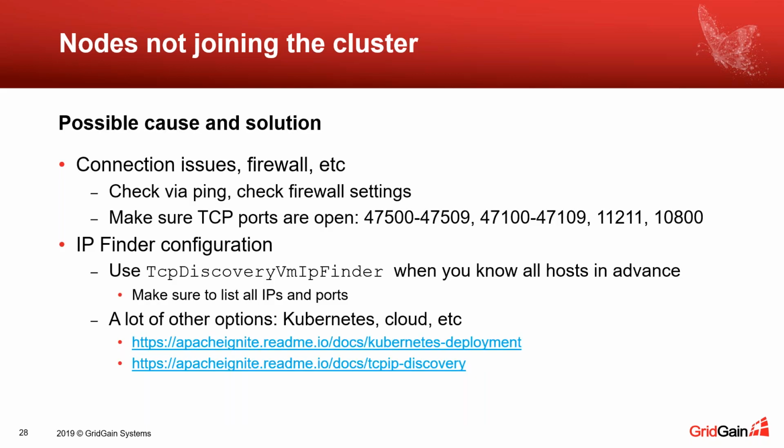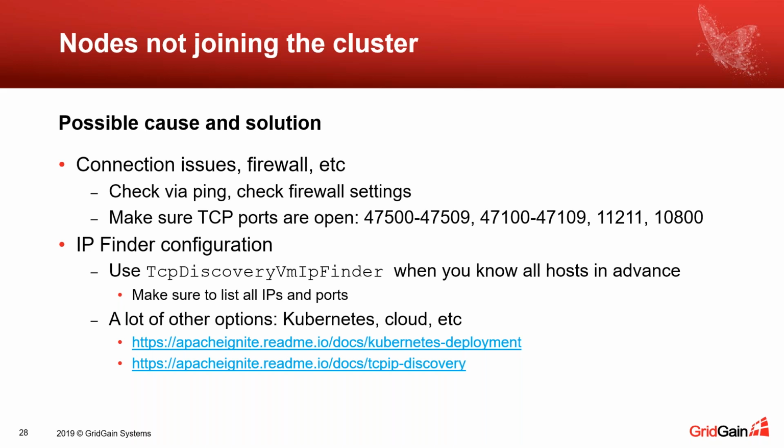So you have two clusters with one server instead of one cluster with two. Why is that so? First, you need to check for any connection issues. As usual with any network issues, you check them with usual commands like ping. You check your firewall settings. You make sure that your firewall allows connections to certain TCP ports that Ignite uses, and you can see the list on the slide.